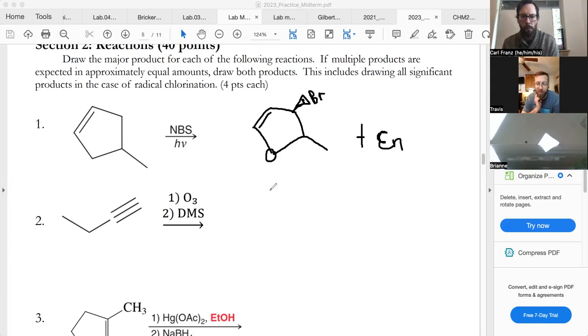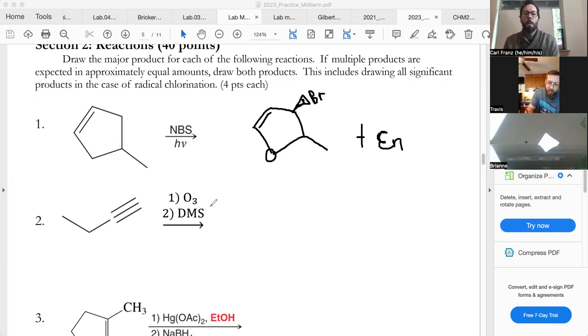So then we don't really need to worry about the DMS, we're just worried about the ozone. For the purposes of this, because you're just writing the product, yeah. If we were doing the mechanism, then we might have to.